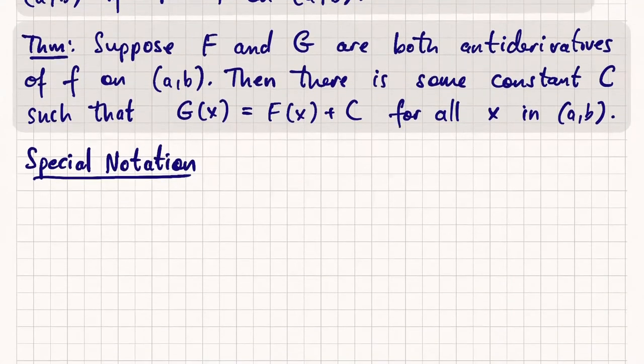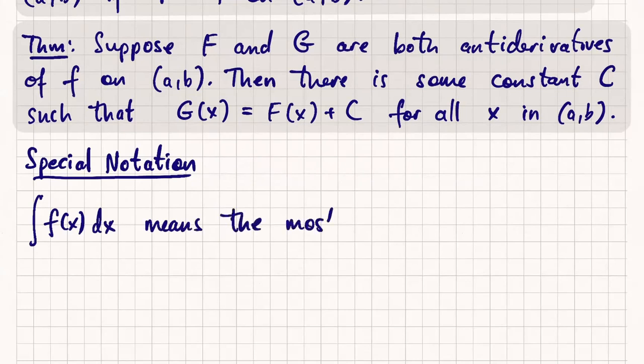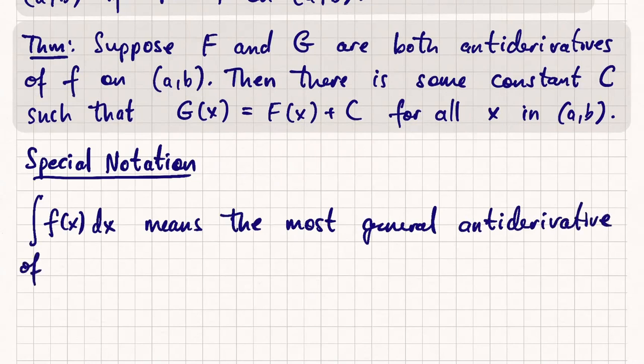Okay, good. Special notation. So we use this notation. It's like an elongated S. In fact, historically it started out as an S and then over the years it got elongated. So this notation means the most general possible antiderivative of f with respect to x.